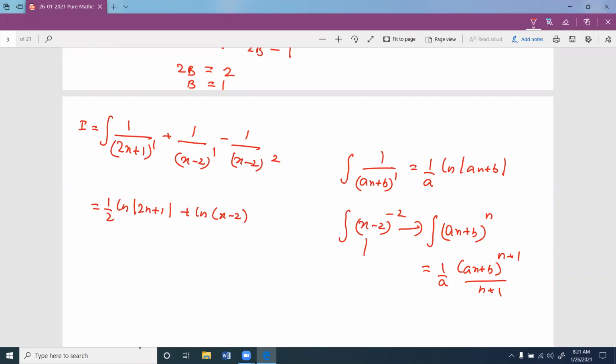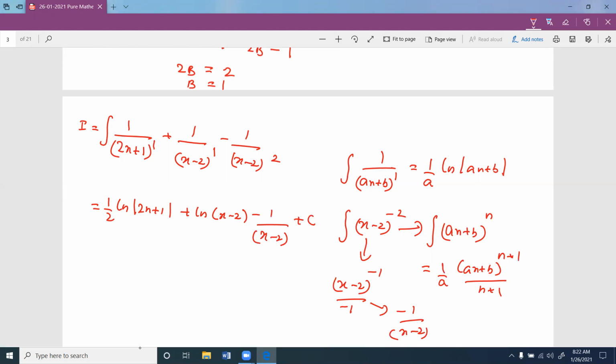It's different. Then this integration turns out to be x minus 2 to the power minus 1 over minus 1, and 1 over a, no need to put it because a is 1. Therefore, you just put this value over here. So this integration goes to minus 1 over x minus 2 plus c.